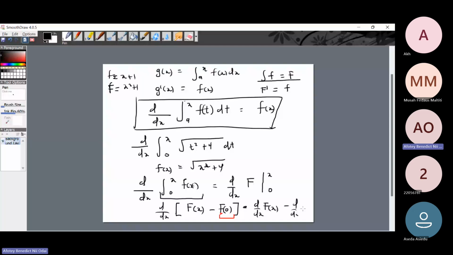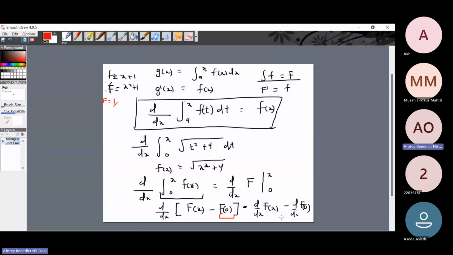Now, what we are saying is that you are putting a constant in your equation, so you get a certain constant. For example, if F was x squared plus 1 and you put in 0, you end up getting 1. If you differentiate your constants, you always get 0.